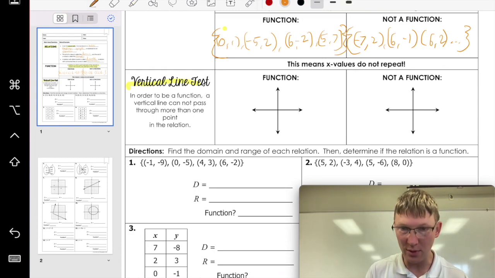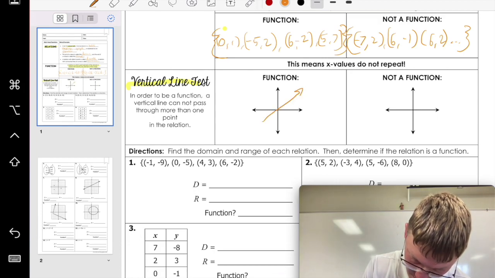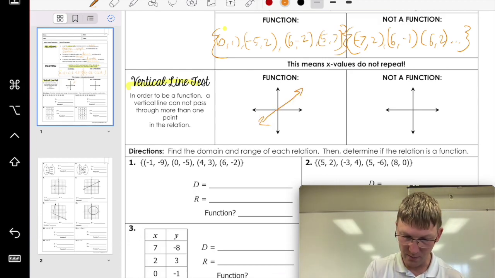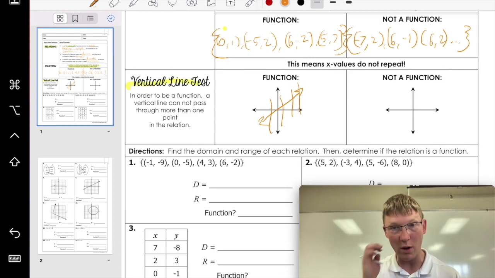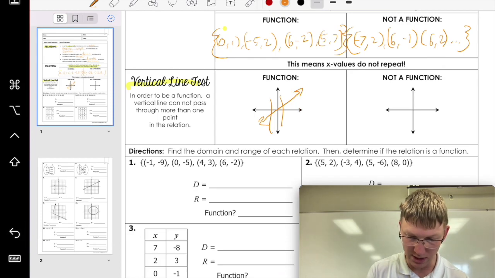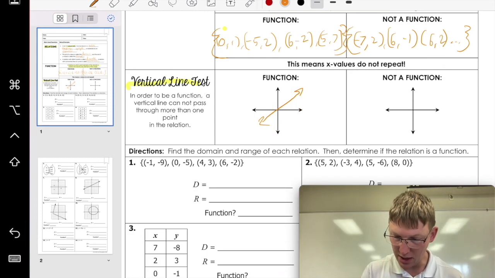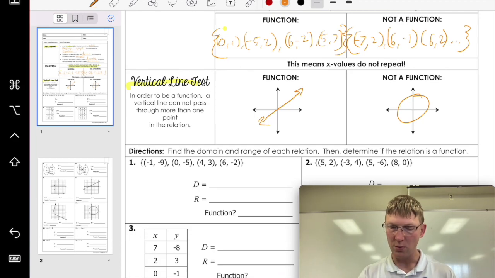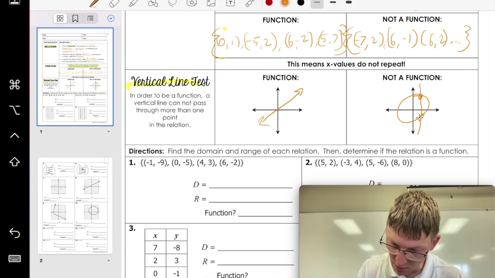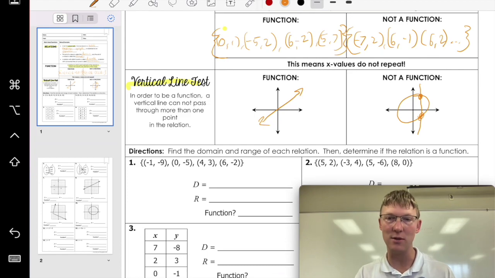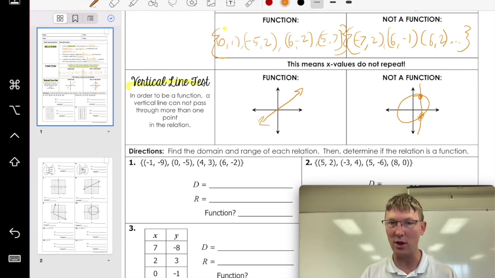For example, if we were to have a line, we could draw a vertical line anywhere on this line and only cross it once. So it's got that one-to-one ratio. However, let's say a circle. If you draw a vertical line through most of it, you'll hit it twice, once up there, once there. So that is not a function because it does not pass the vertical line test.